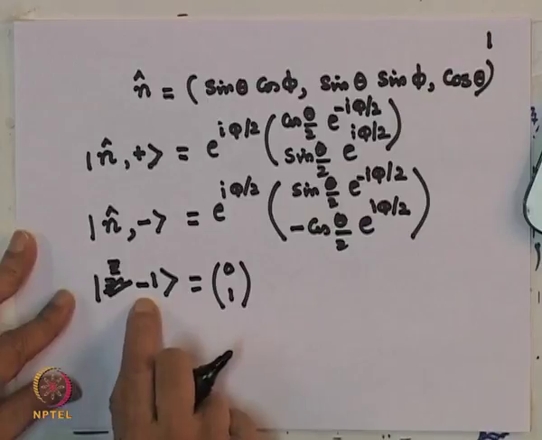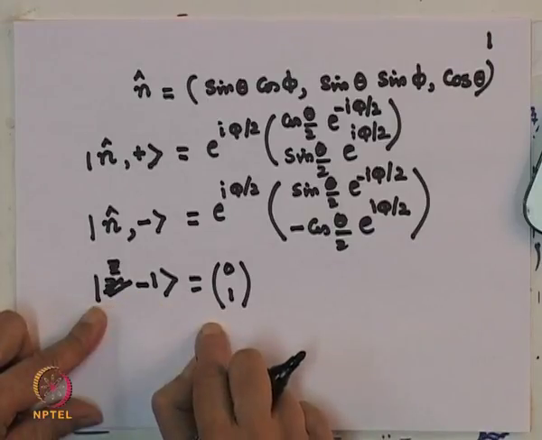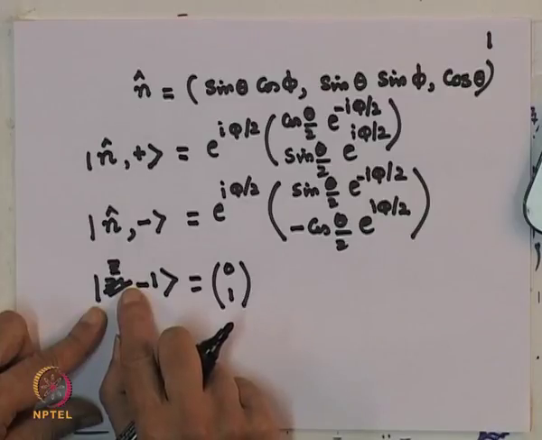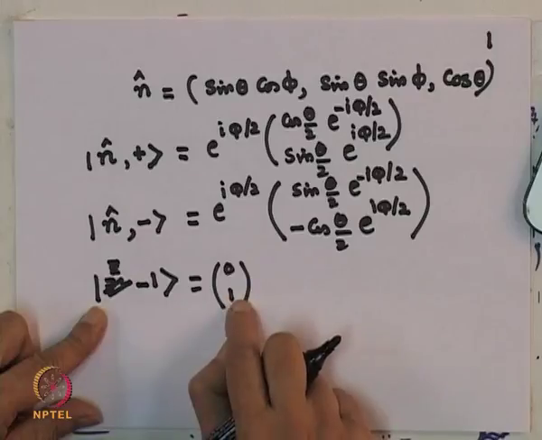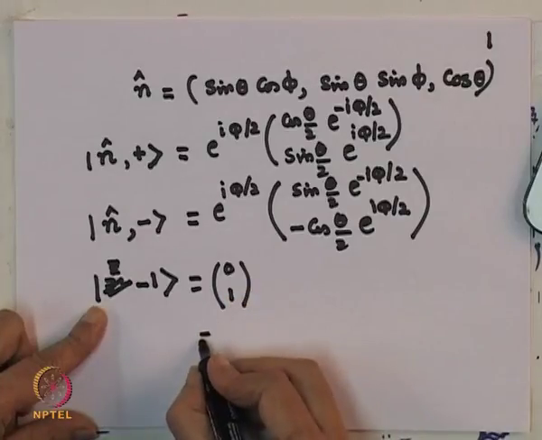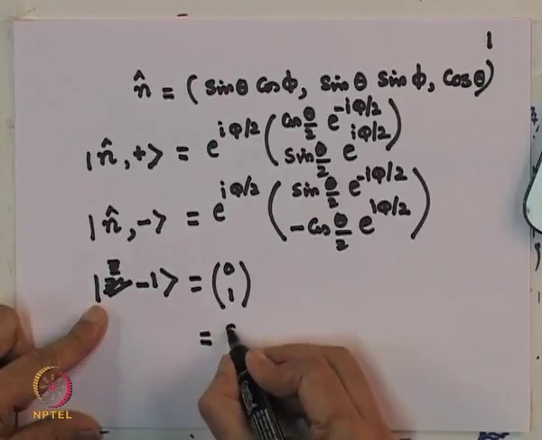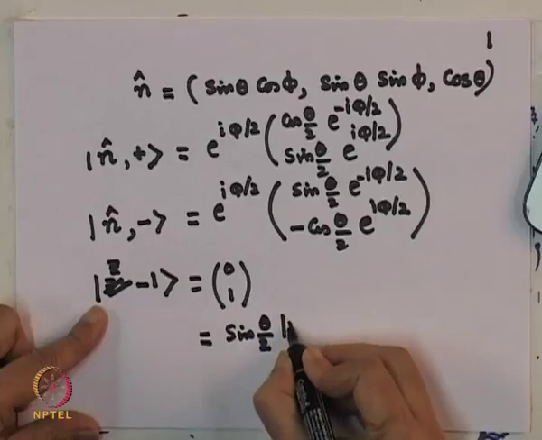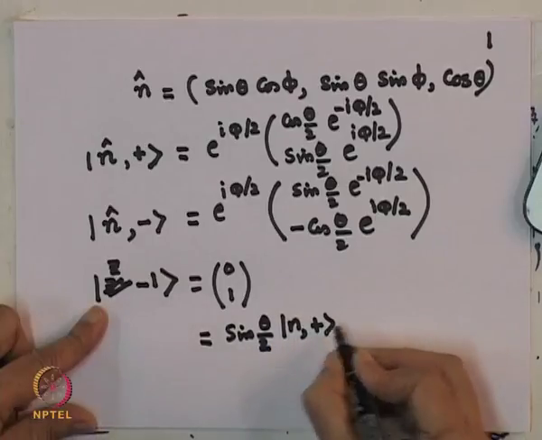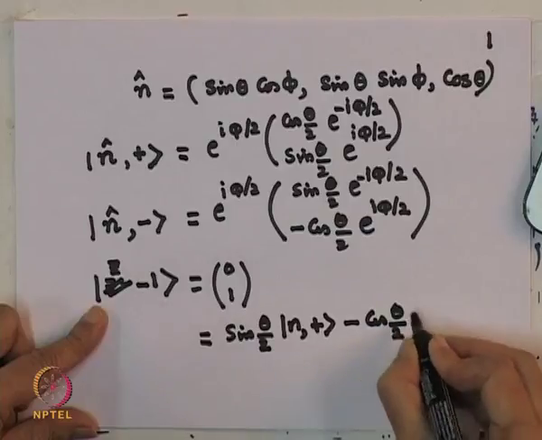Since we said that if Bob were to measure along the z direction he would get -1, he would get this state. It is trivial algebra to show that this happens to be sin theta by 2 n plus minus cos theta by 2 n minus.